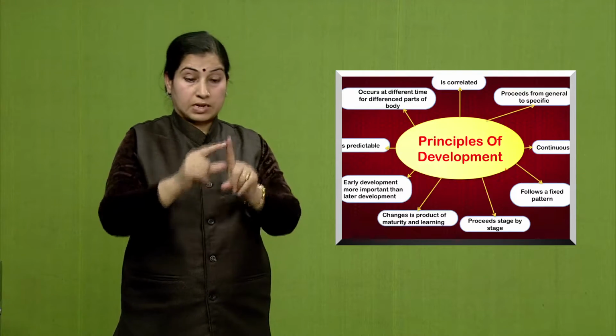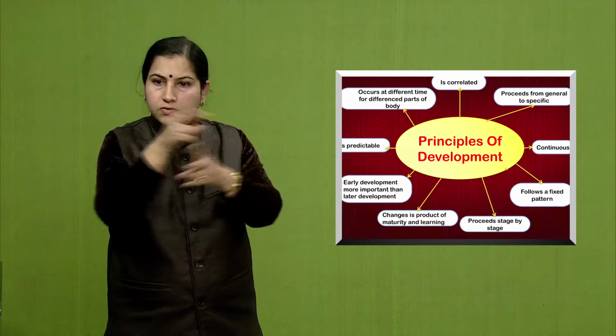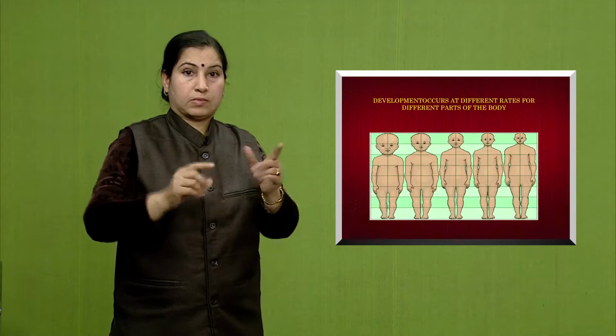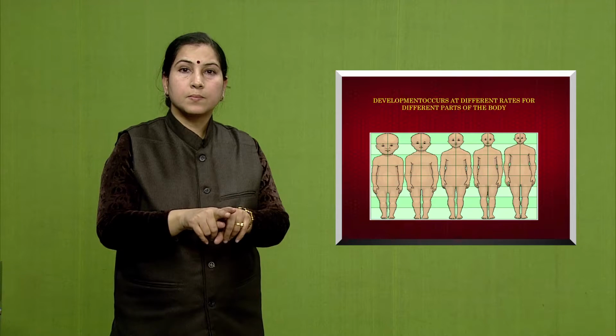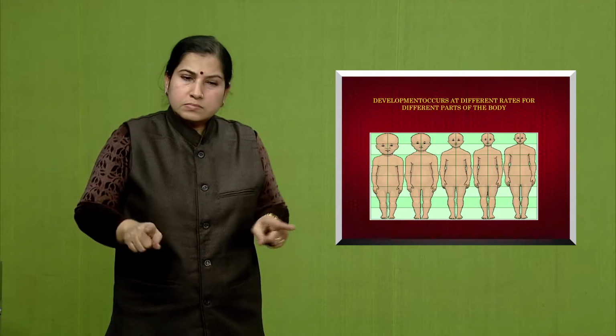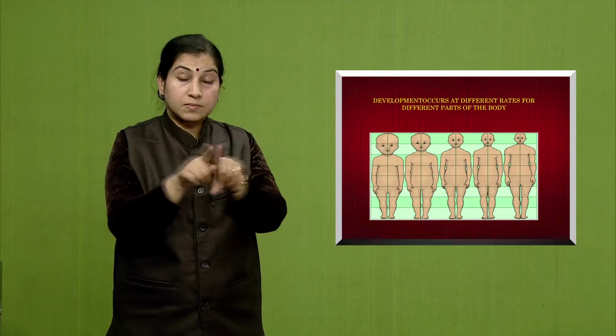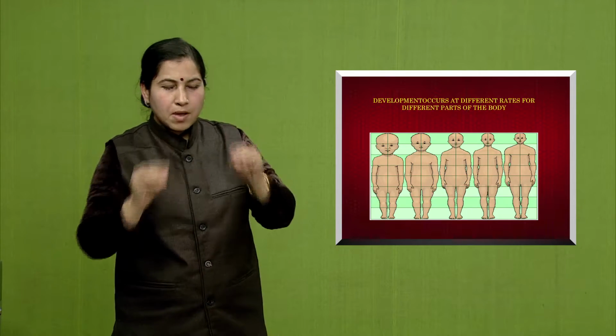Development occurs at different rates for different parts of the body. The development of different physical and mental traits is continuous, but all the parts of the body do not grow at the same rate. In some area of the body, growth may be rapid, while in others, growth will be slow.